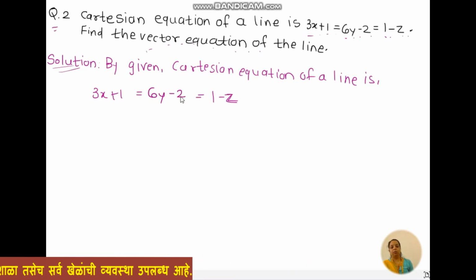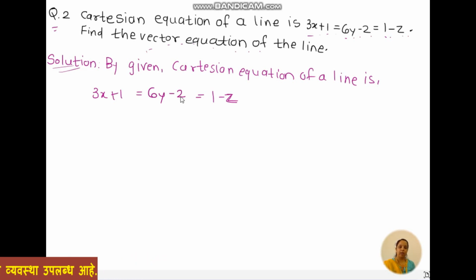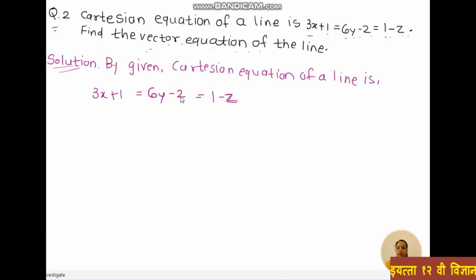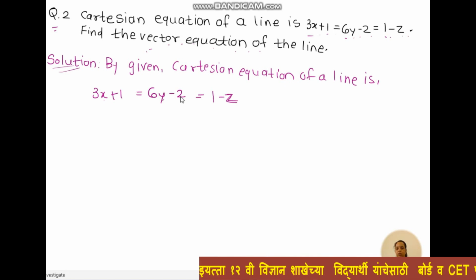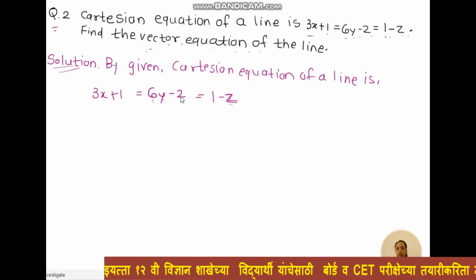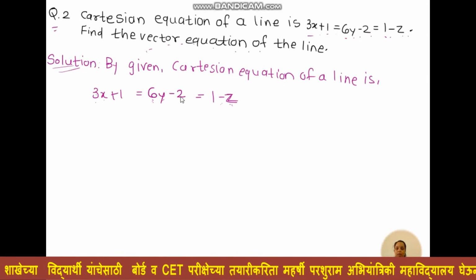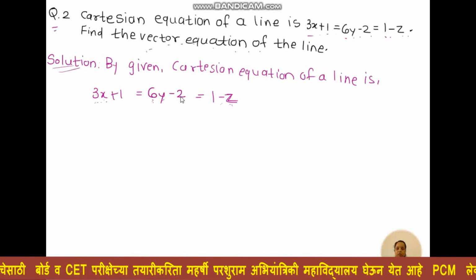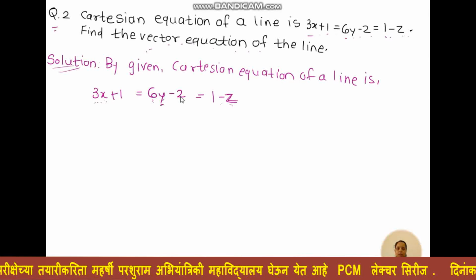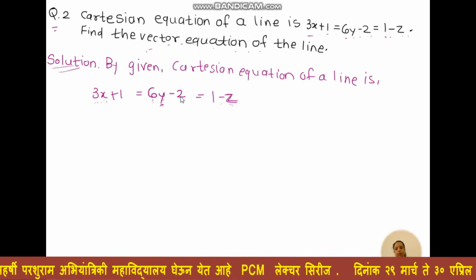Next step, make coefficient of x, y and z is 1. See, in this term coefficient of x is 3, in this term coefficient of y is 6, in this term coefficient of z is minus 1. So if we divide this term by 3, we get coefficient of x as 1. This term by 6, we get coefficient of y as 1.